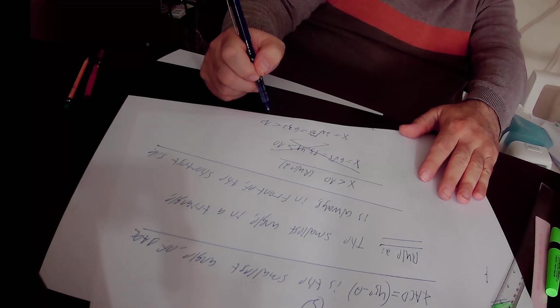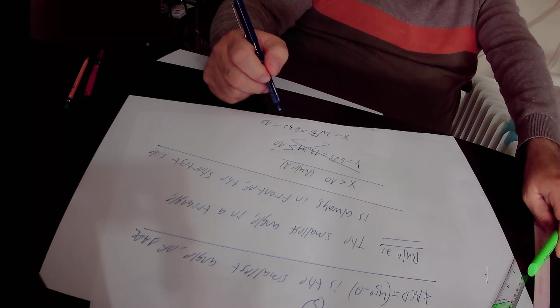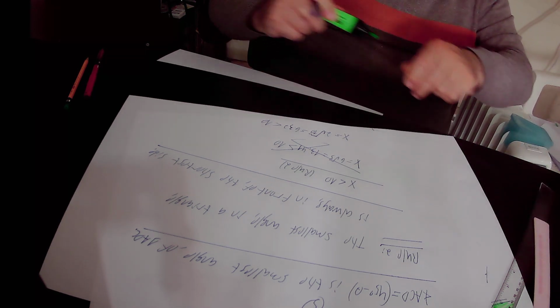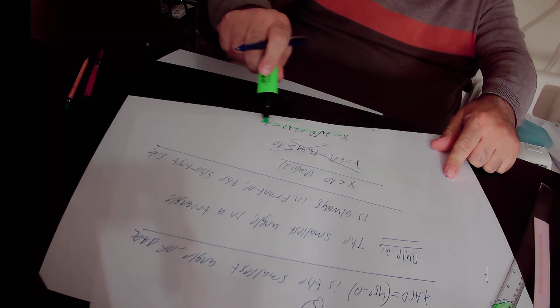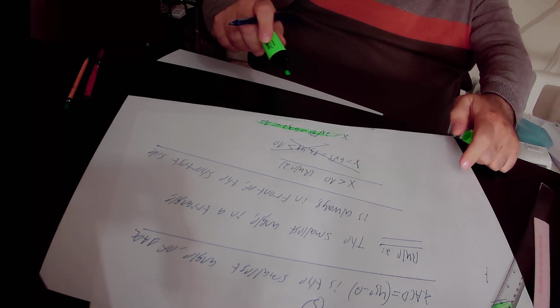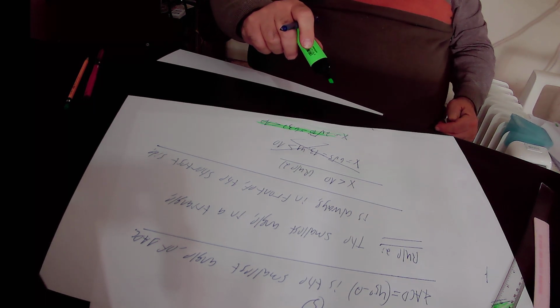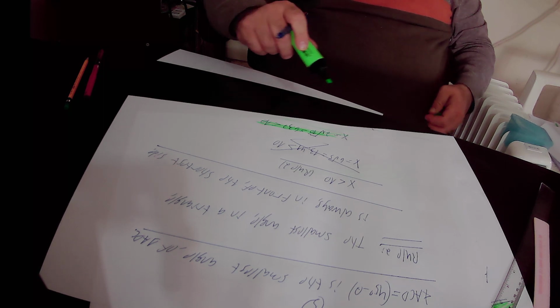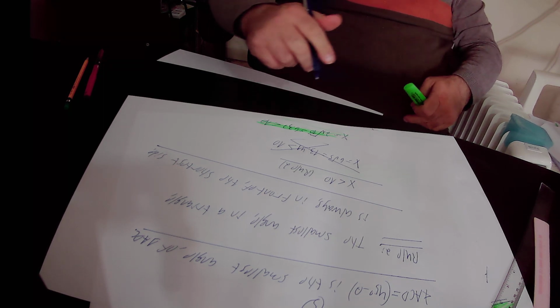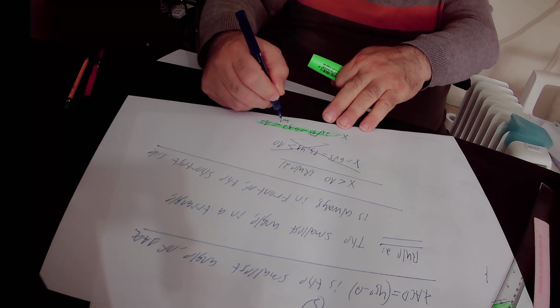Therefore, this is the solution to the question: the length of line segment X, that is AD, is equal to 2 times square root of 10 units, or 6.32 units. We finished with the first method.